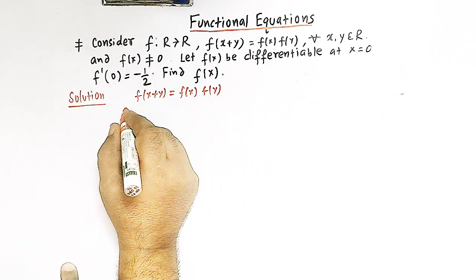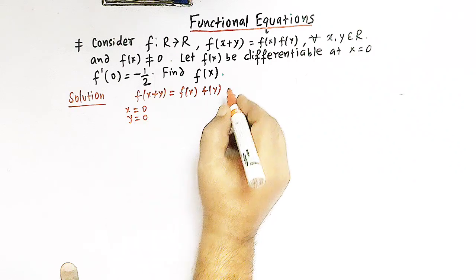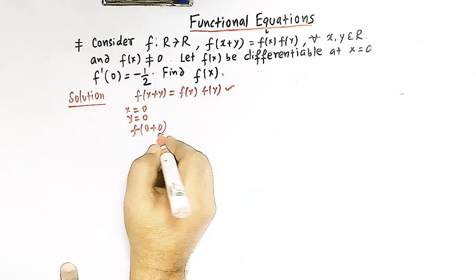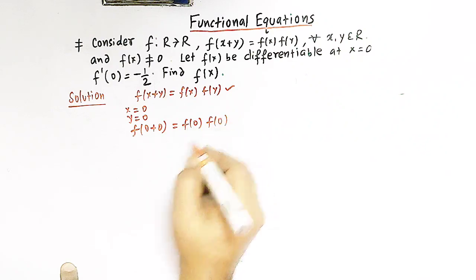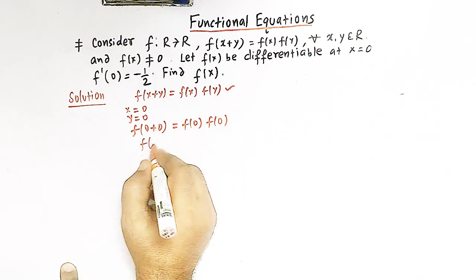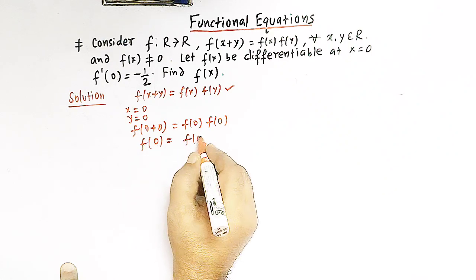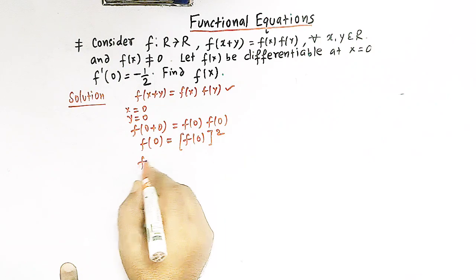Now let us replace x by 0 and y by 0 in this equation. So we have f of 0 plus 0, which is f of 0, and on the right side f of 0 times f of 0. Here 0 plus 0 is 0, and we have f of 0 squared.